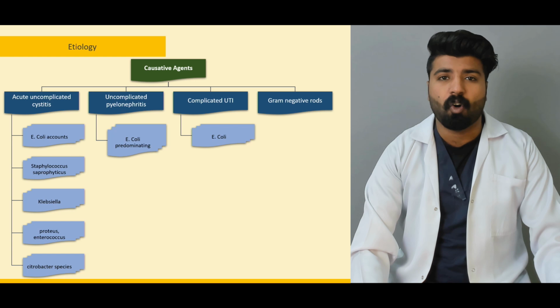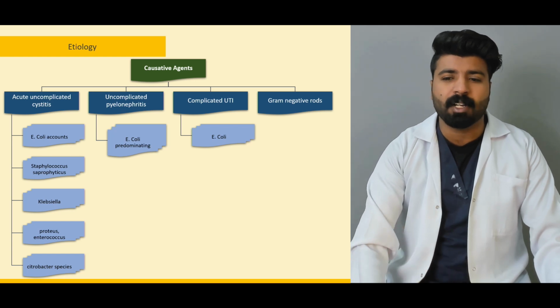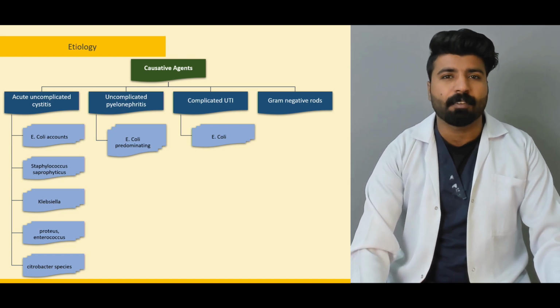It also contains E. coli predominantly. On the other hand, we have gram-negative rods and gram-positive bacteria which cause UTI. All of these are causative organisms, and among them, we have seen that E. coli takes the major portion of organisms which cause UTI in patients.